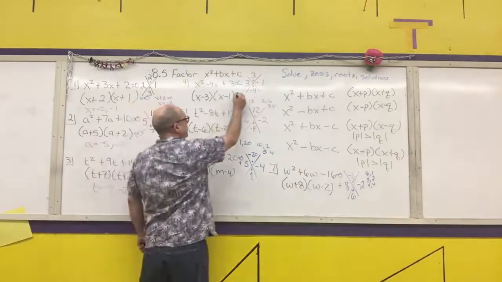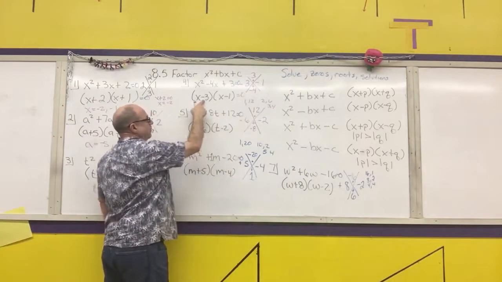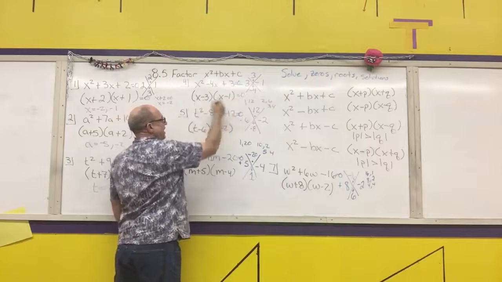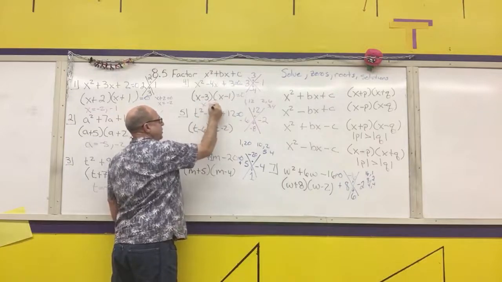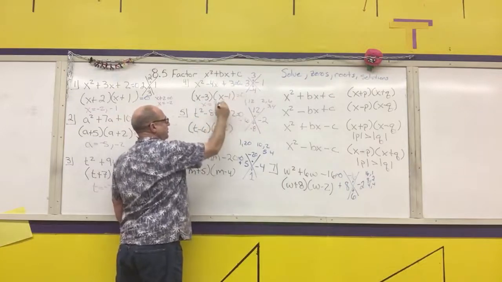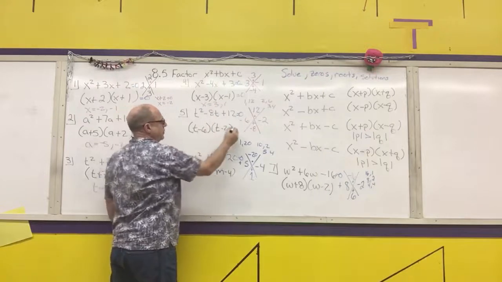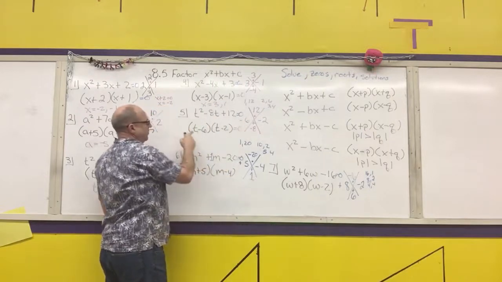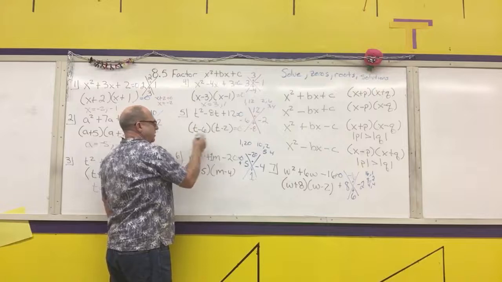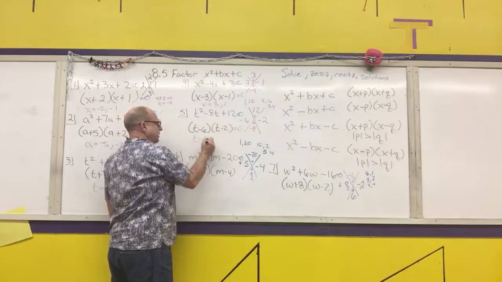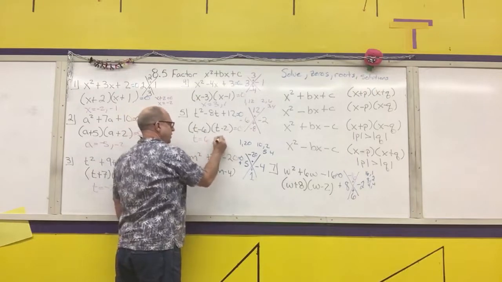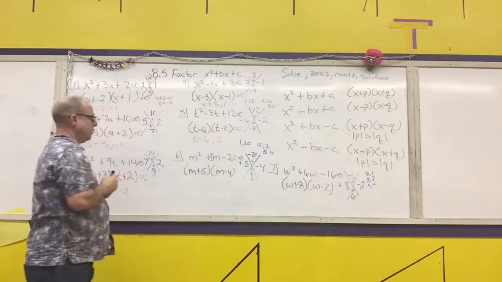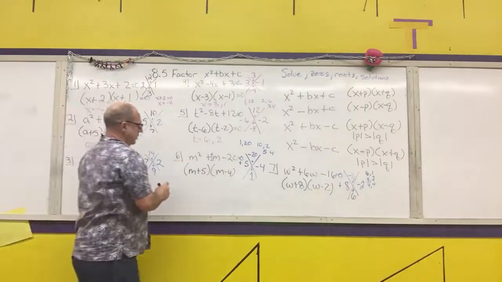Number 4, solving it. Move the negative 3 over by adding it, so I get x is equal to 3. Add the 1 to both sides, or 1. Example 5. Add the 6 to both sides, so I get t is equal to 6. Add the 2 to both sides, or t is equal to 2. Number 6.